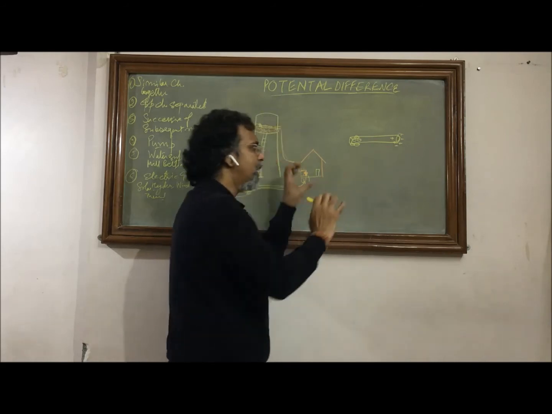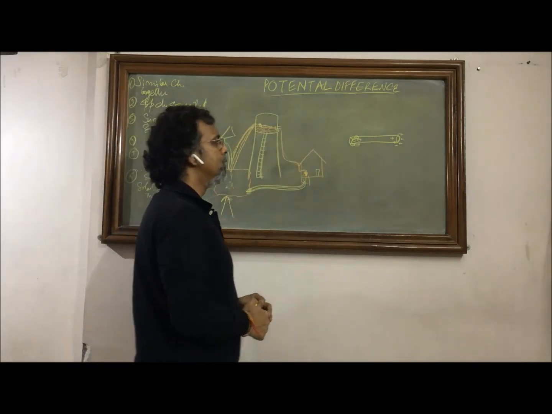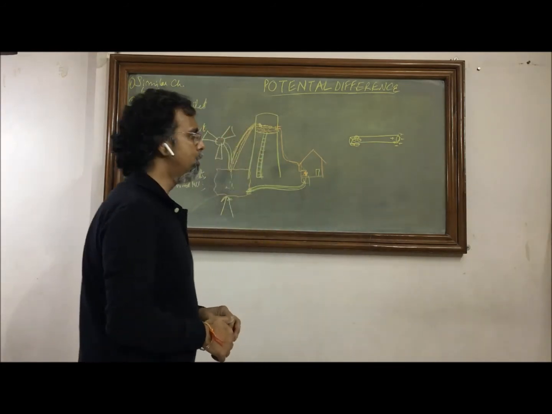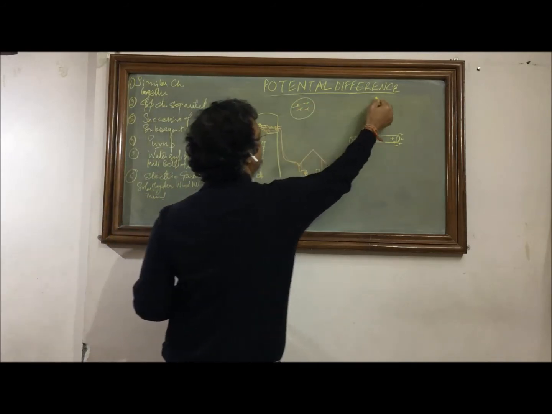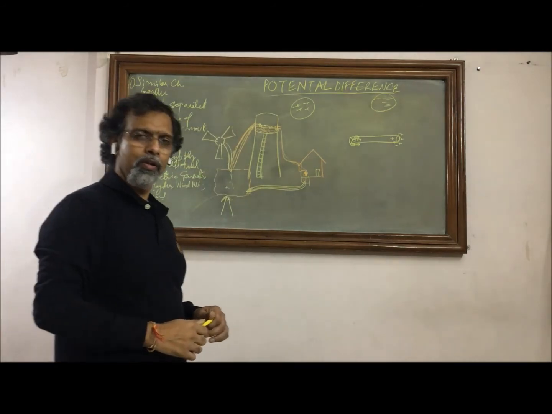I mean, this is inside the wire, but to give a better view, I'm trying to put it like this, that we have a wire on which we have created a similar situation as was created previously. We had positivity here and we have negativity here, managed by some external agency.